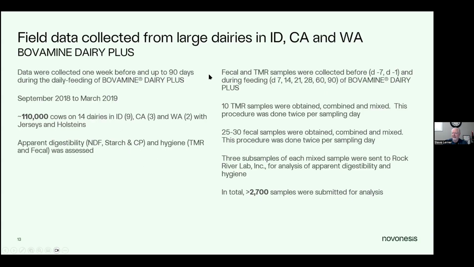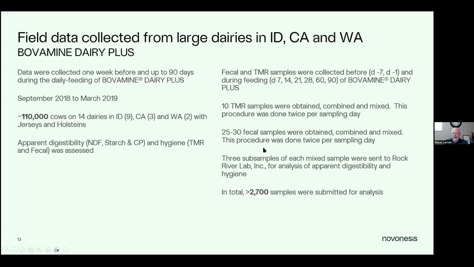The way we did this was to take fecal and TMR samples before the beginning of the trial feeding our probiotic at day -7 and day -1, and then almost weekly for 90 days, we looked at those same samples. We took 10 TMR samples at a time, combined them and mixed that, and then did that twice per day for each of the sample days.